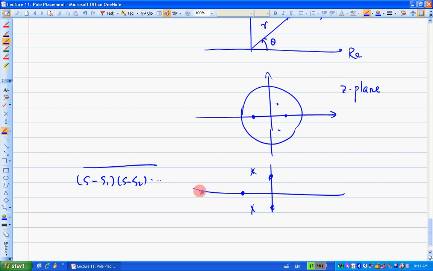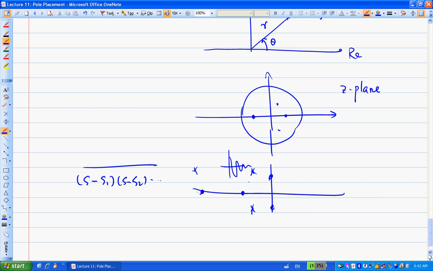In terms of response, the response corresponding to this pole decays exponentially much faster than this one. When you have a pole at this location, what would you expect? You expect the response to be some kind of oscillatory response, and the further it is to this side, the oscillation will die down quickly, right?